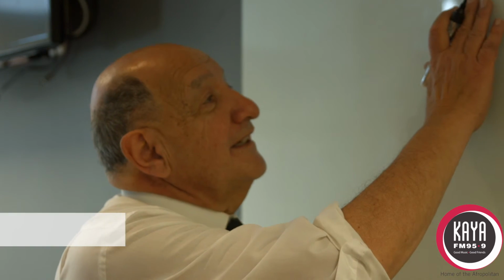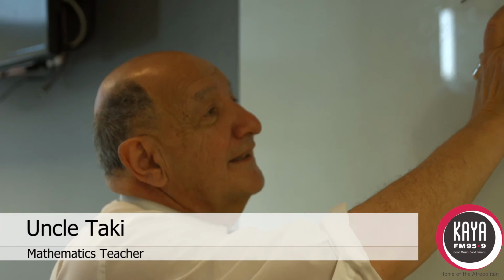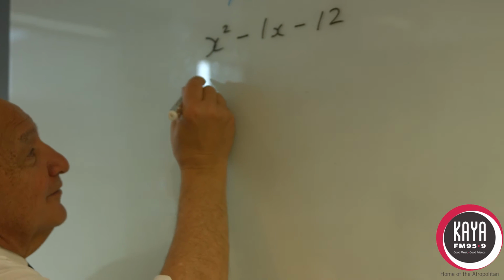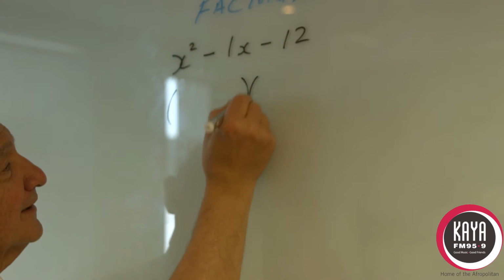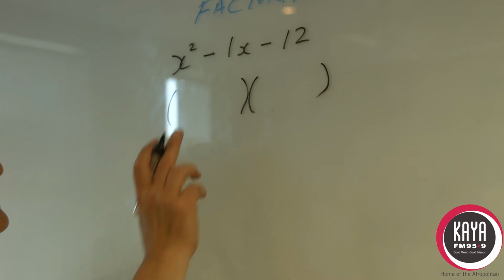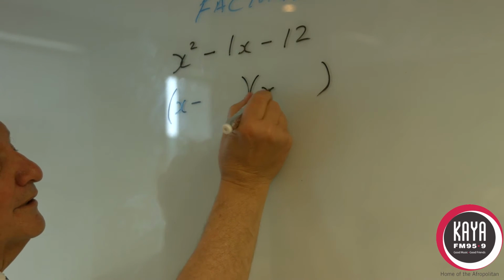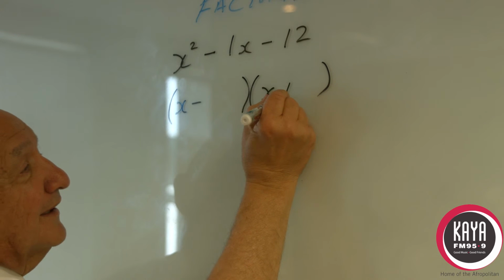Now we're looking at the fourth example, which is x squared minus x minus 12. So again, we're going to end up with our two binomials. This time we're going to have an x minus and an x plus.